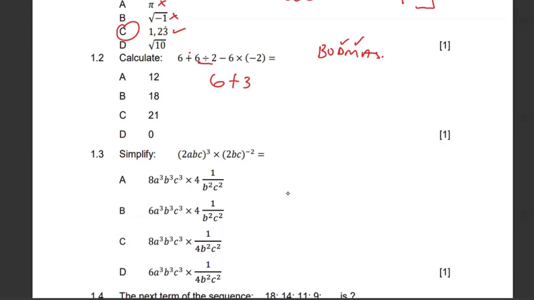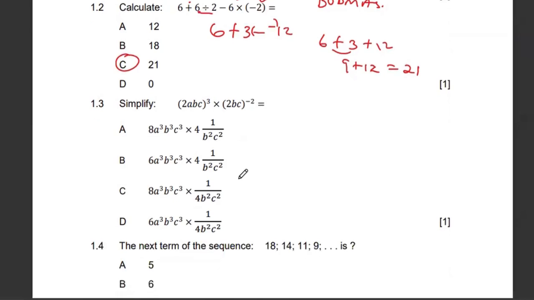And then there's multiplication also. So we have a 6 times a -2, which is a -12. So we can combine these two signs and we get a plus. So 6 plus 3 plus 12. This is going to be a 9 plus 12, which gives us a 21. So option C is the best.